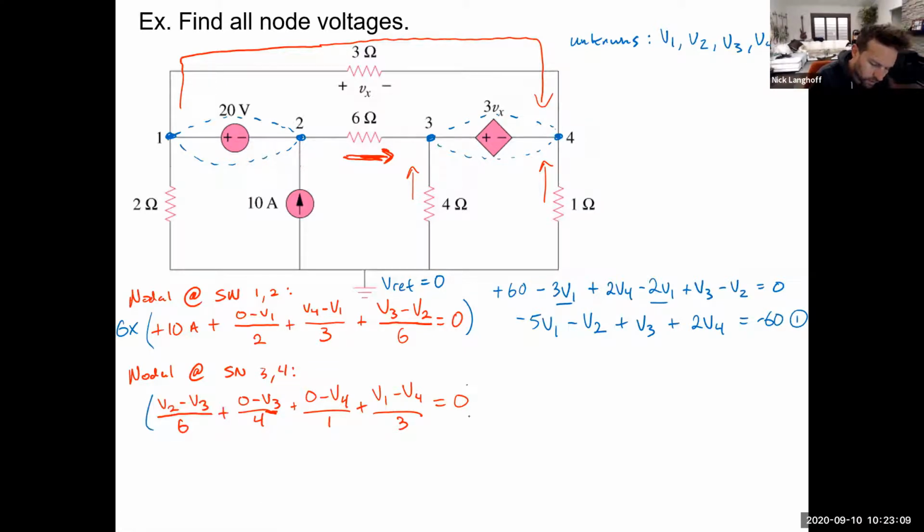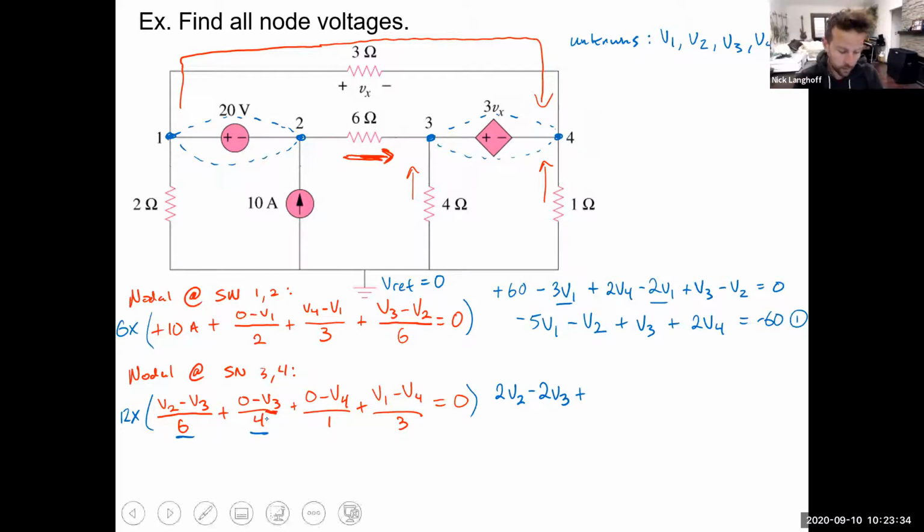I'm going to multiply that whole thing by 12 to clear out those denominators. We get that 12 over 6 is 2, so we get a 2V2 minus a 2V3 plus, well, 12 over 4 is 3, so we get a negative 3V3. 12 over 1 is 12, so we get a minus 12V4.